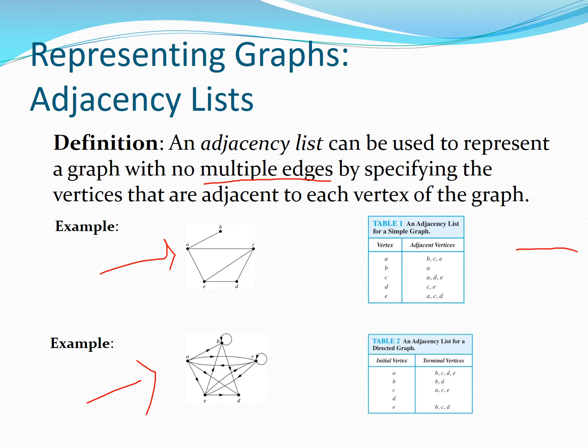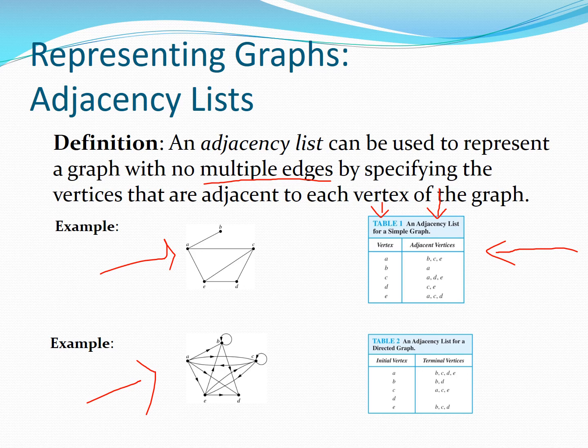So the adjacency list for the first graph is given right there. How do you list using an adjacency list? An adjacency list has two columns. The first column lists all the vertices in the graph, and the second column is the list of vertices that this vertex is directly connected to.